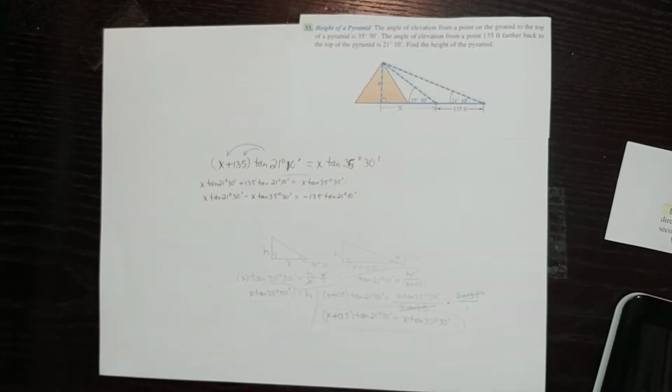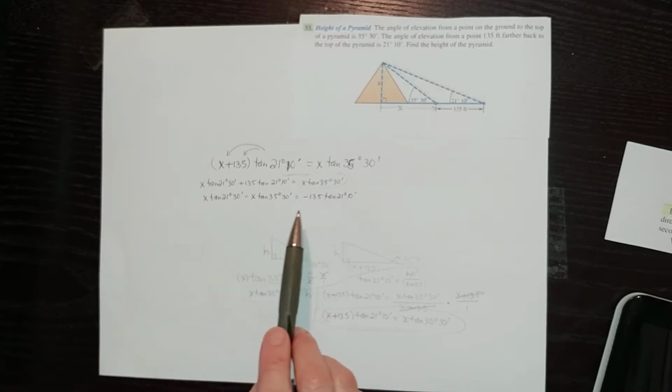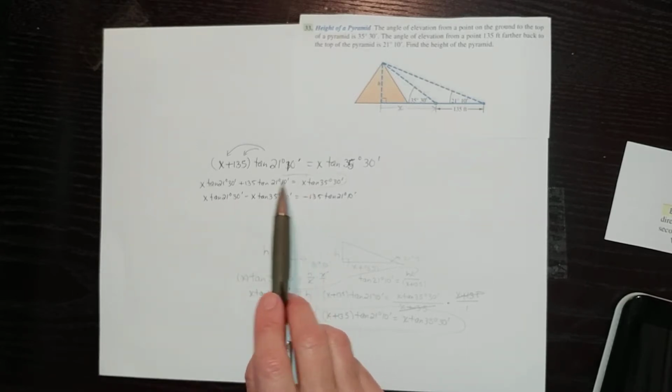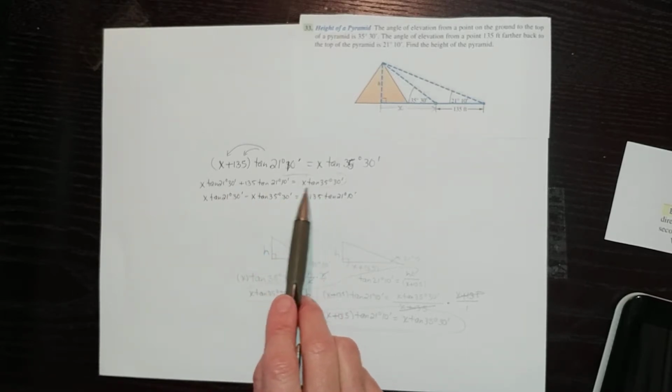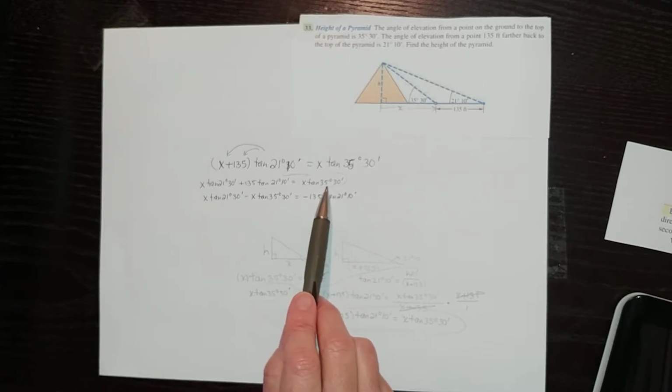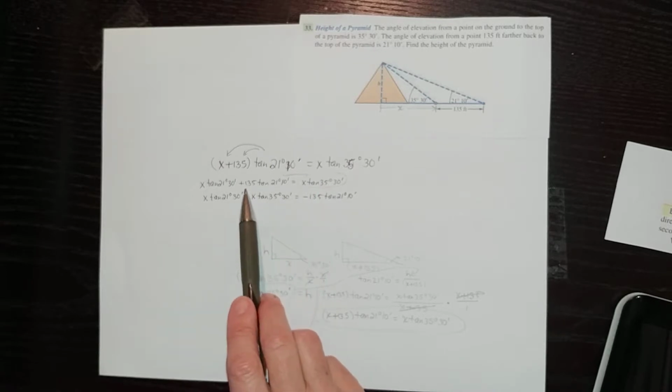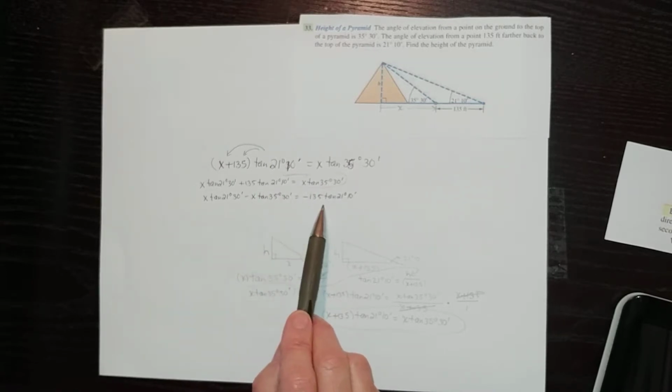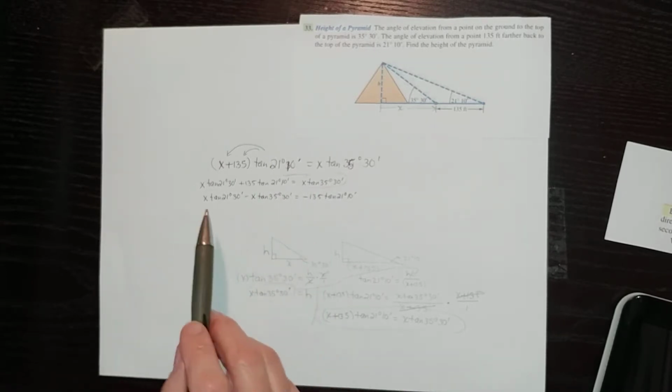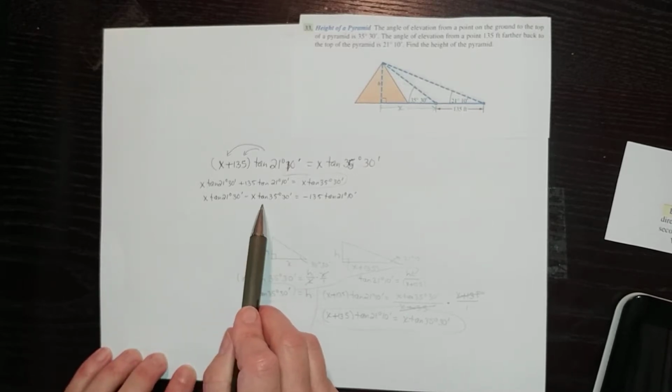What I did in this step was move the terms that had the x's in them to the left. So I subtracted this term to the left-hand side. Then I moved any terms that did not have an x in them to the right-hand side. Now, I have two terms with the x in them.